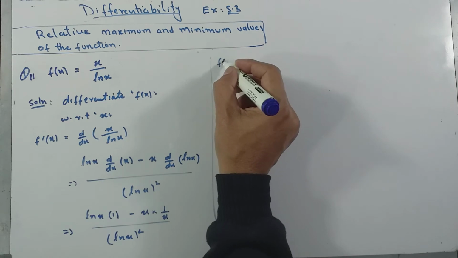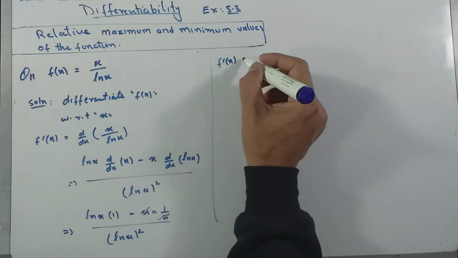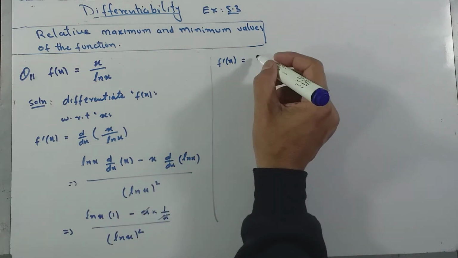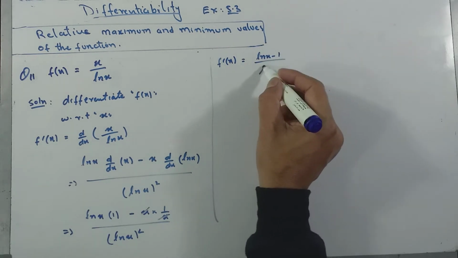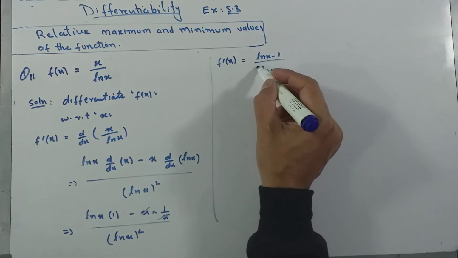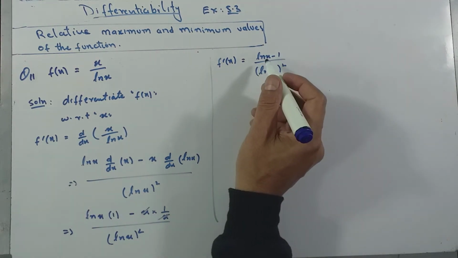Now x will be cancelled with the x, and you get ln x minus 1 divided by ln x whole square. Now this is the final first derivative of this function.